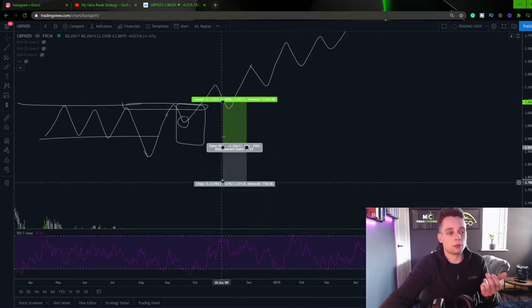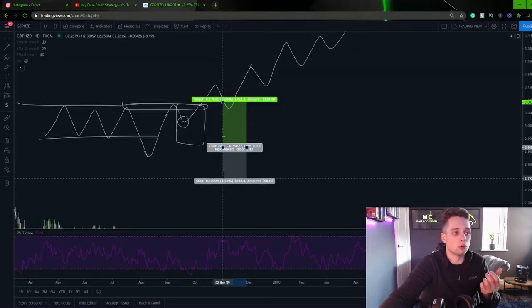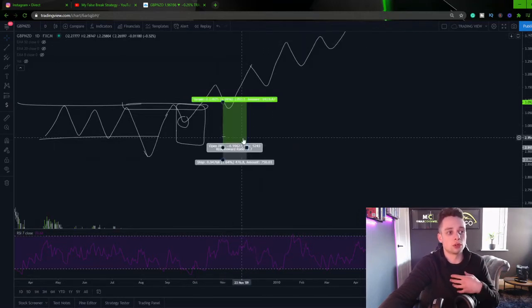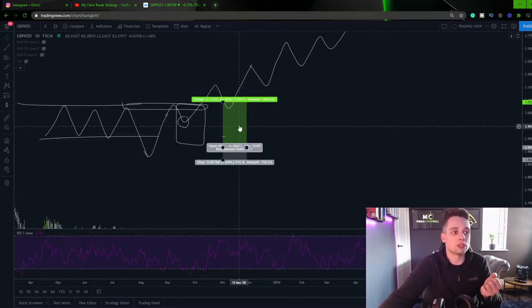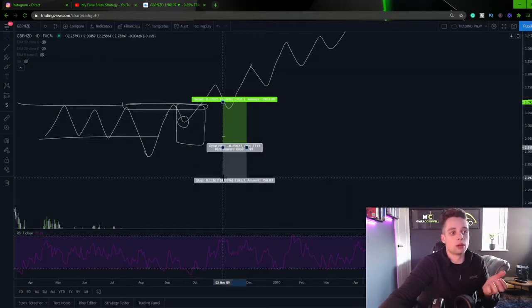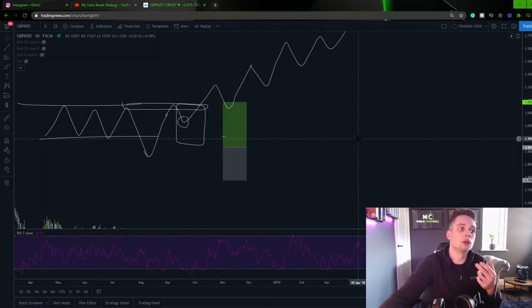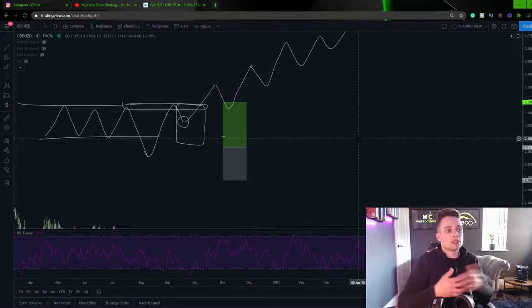Again, this is probably down to personal preference, but alternatively, you can look at having a tighter stop, which is going to increase your risk reward profile. You can see here this is about 3.7 to 1, and 1 ATR may be about 1 to 1, 1.5 to 1. So I'd consider testing what difference that makes.